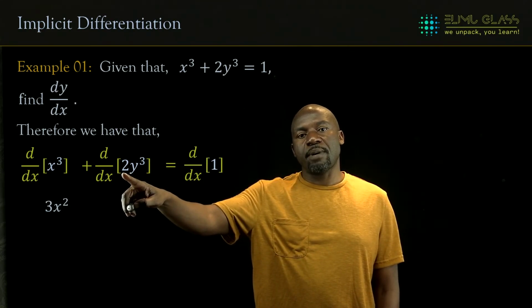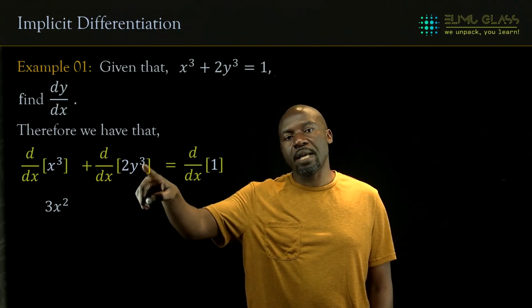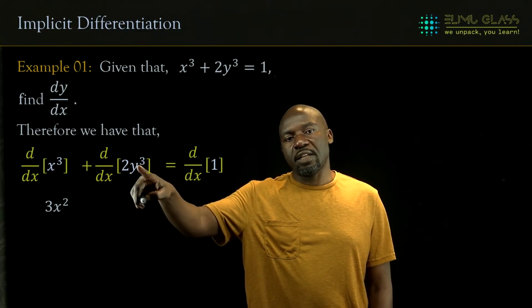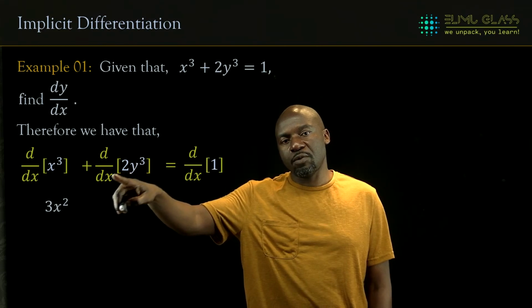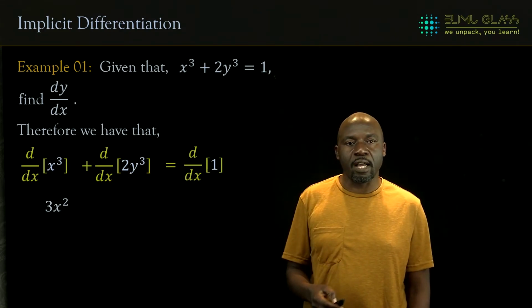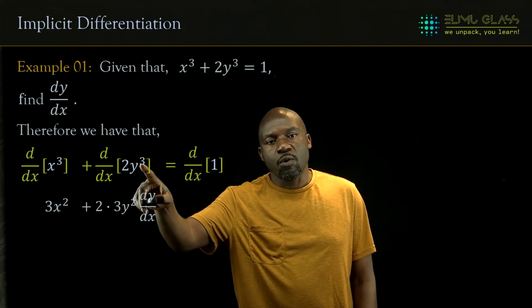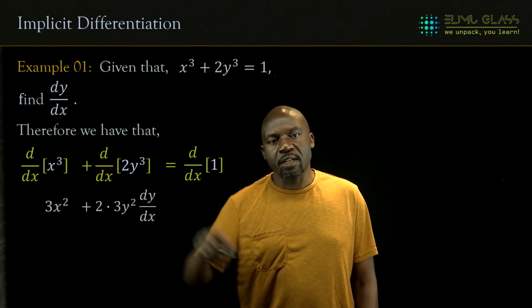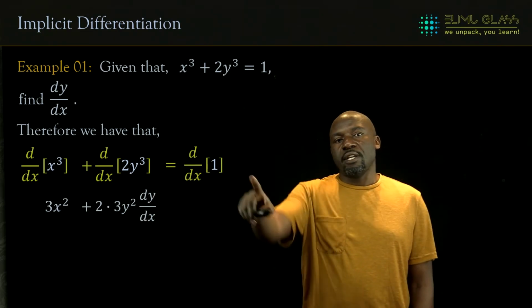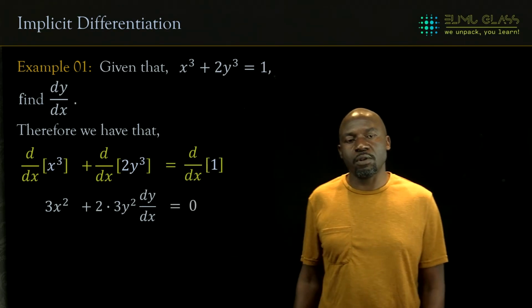The 2 does not take part in differentiation, so we take it out, and then we have d by dx of y cubed. In this case, we are differentiating y with respect to x, and so we expect a residue, right? So we have our 2, then we get our 3y squared, and now we have to add the residue dy by dx. The derivative of a constant is 0, and therefore this has to be equal to 0.